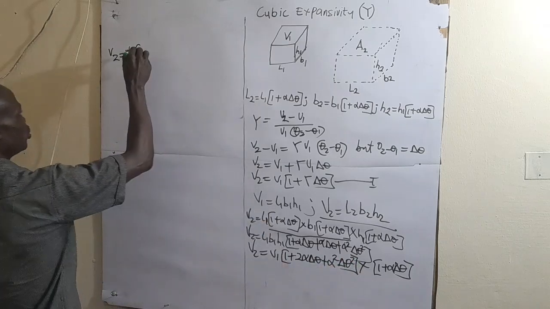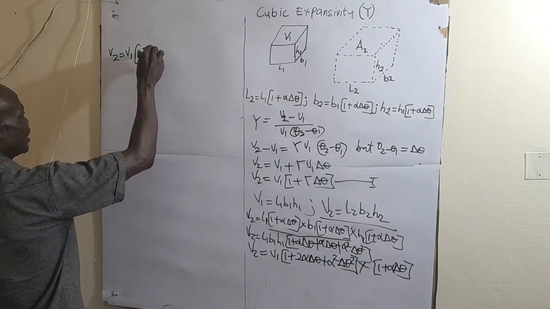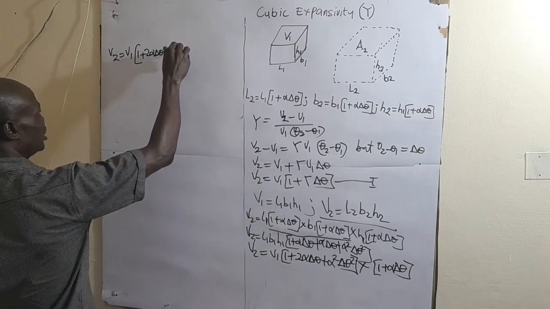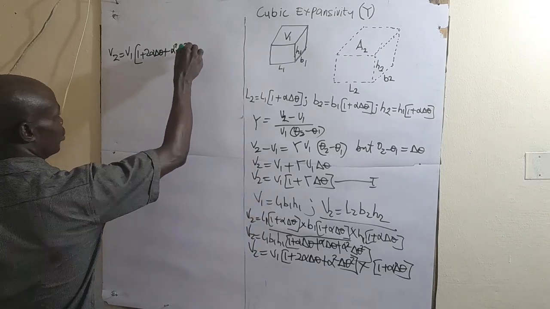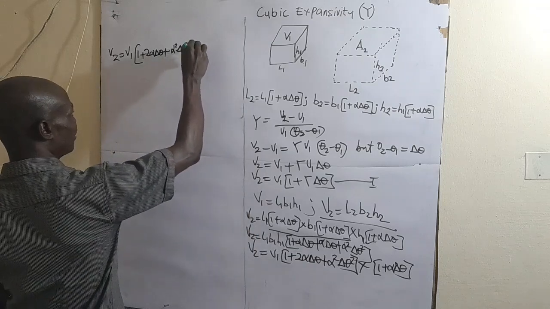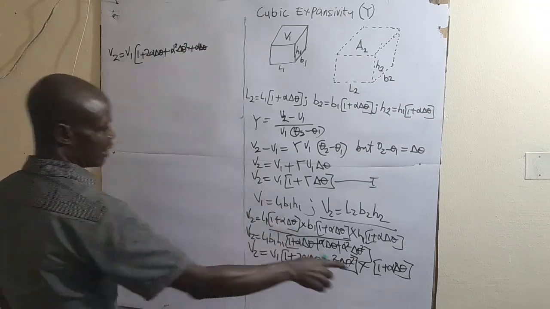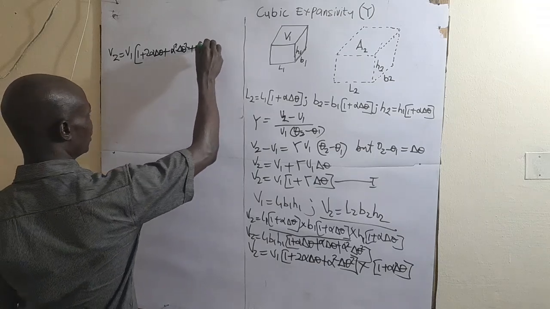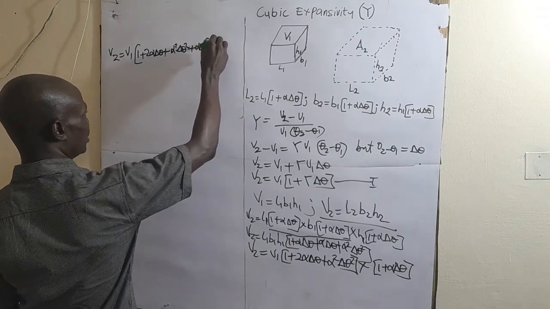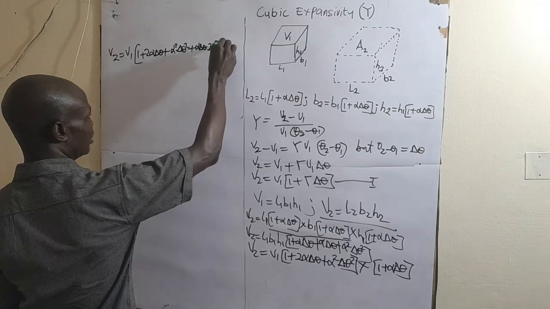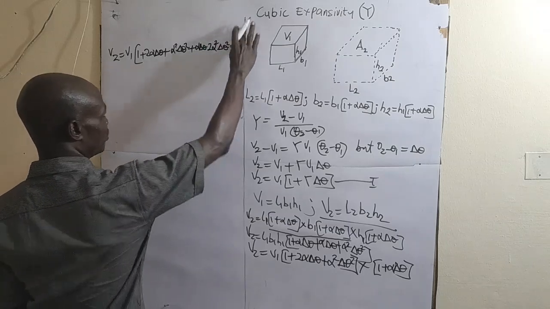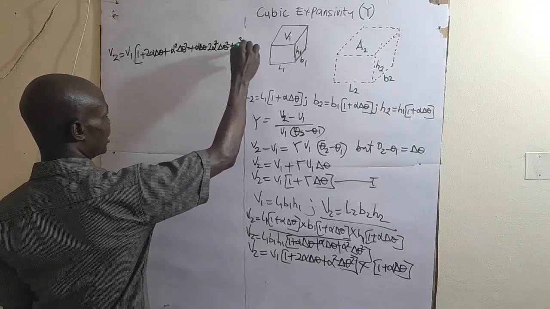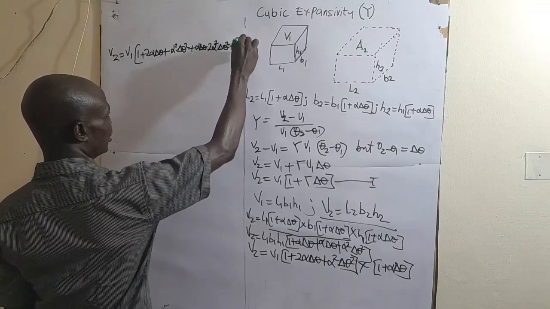Opening the bracket, then we have V2 is equal to V1, open bracket, 1 times 1 is 1, then 1 times 2 alpha change in theta, 2 alpha change in theta, plus 1 times alpha squared change in theta square, plus alpha change in theta times 1 is alpha change in theta, then alpha change in theta times 2 alpha change in theta gives 2 alpha square change in theta square, and then plus alpha cube change in theta cube.